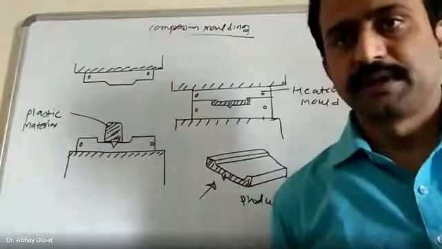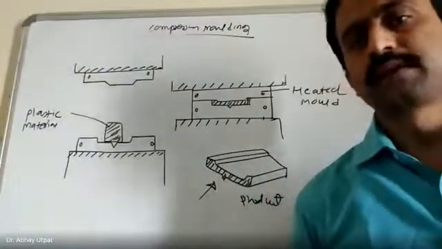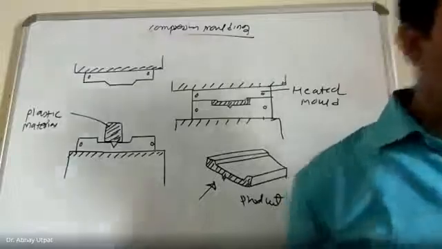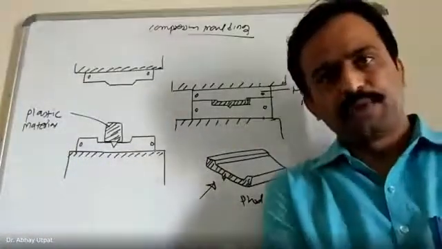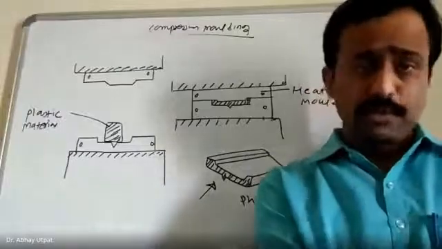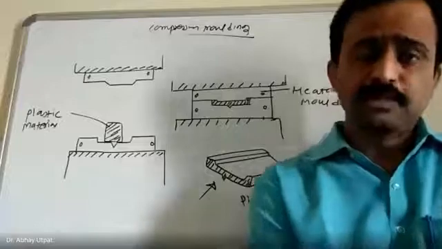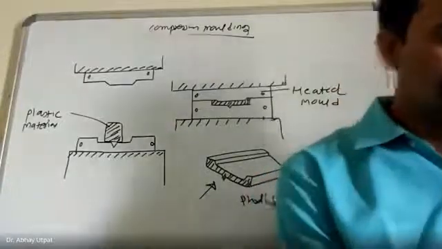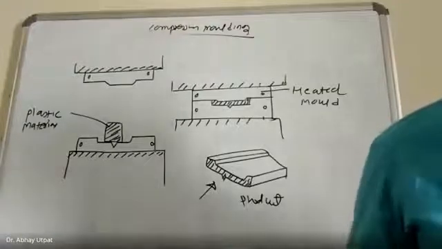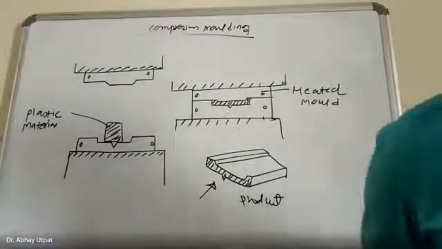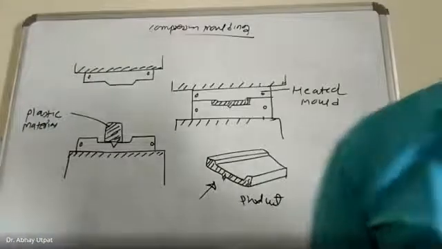Write one statement. This process is not economical due to long cycle time. Whatever I am dictating, I am already providing notes, no issues, but such important statements can be part of an MCQ. That's why you make a star. This is uneconomical. It is uneconomical due to long cycle time.